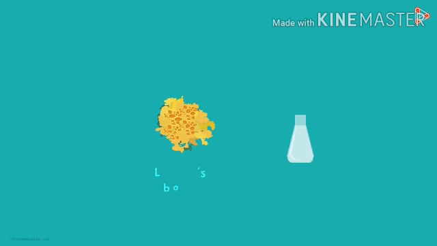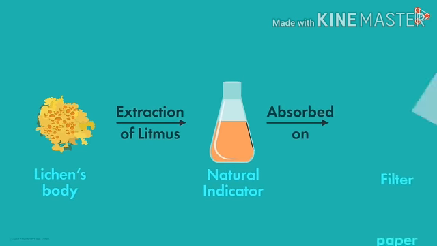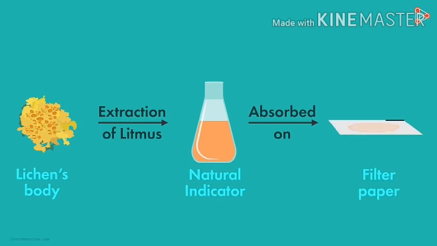So a substance extracted from a lichen's body called litmus is used as a natural indicator for chemical purposes, especially in detecting the acidic and basic nature of solutions. The litmus obtained from a lichen's body is a mixture of some dyes that are usually absorbed on a filter paper. This paper made with litmus on it is used as an indicator for detecting acids and bases.